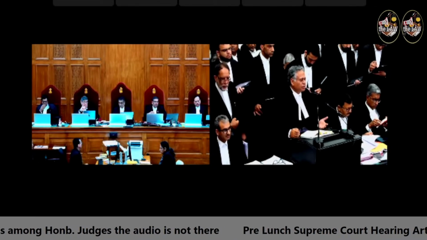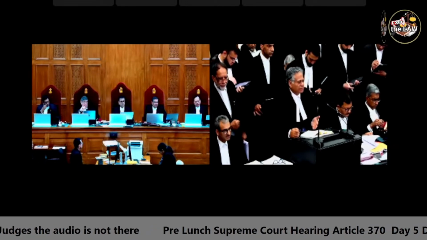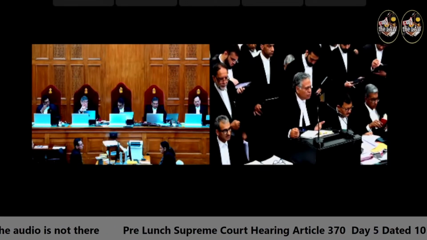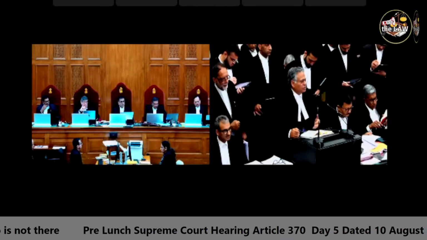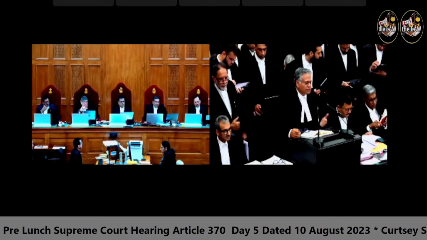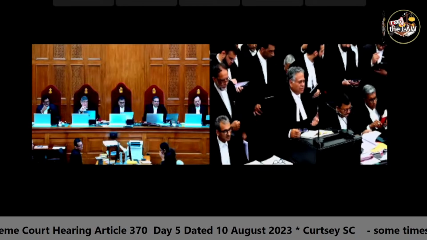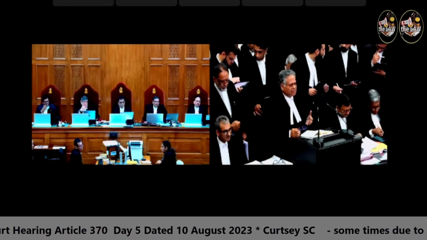Is it simply a historical process, or were there certain compulsions, certain constitutional issues involved, because these were between the two states. It was in the nature of an act of state. Why this Article 370? The Lordship needs to understand this Article 370.